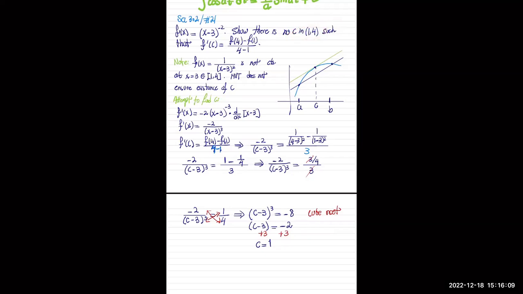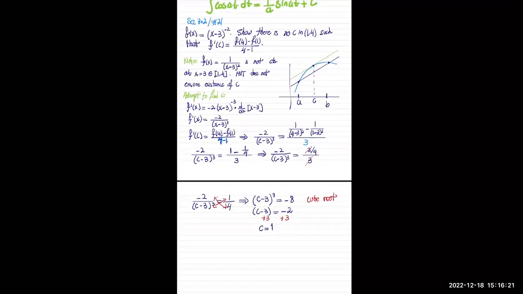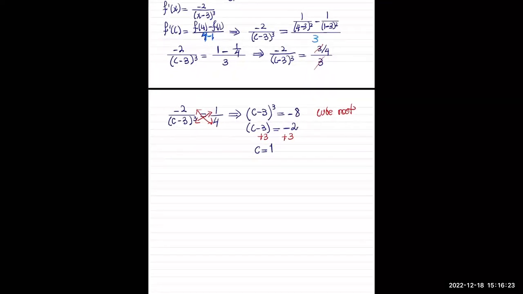Between 1 and 4, a 1.1 would be a solution, a 2 would work, a 3 would work, a 3.99 would work, 4 wouldn't, 1 doesn't. So c equal to 1 is not in the interval 1 to 4. So the mean value theorem did not work.